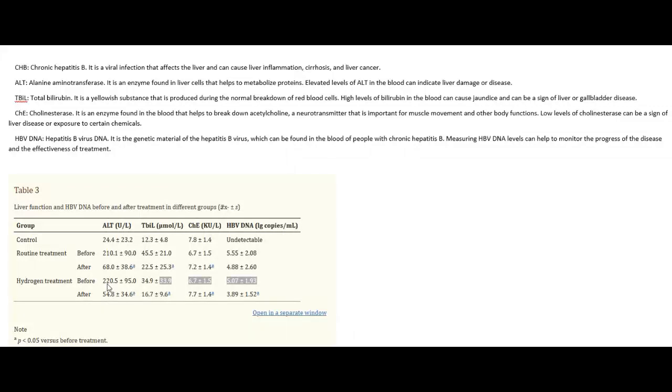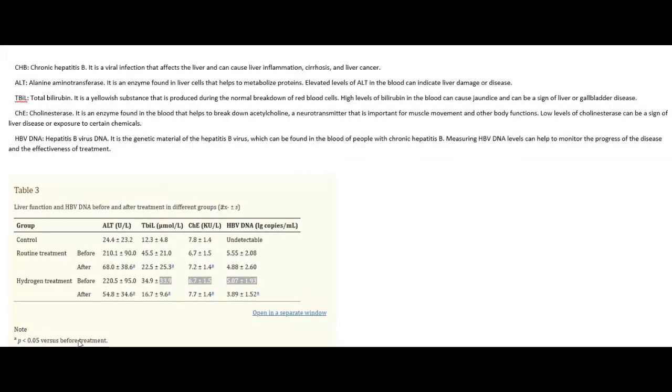And for the hydrogen treatment it was 220.5 plus minus 95.0 before treatment, and after treatment it was 54.8 plus minus 34.6.